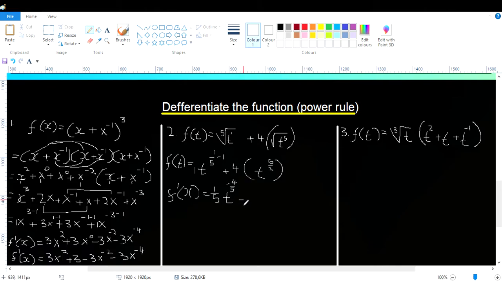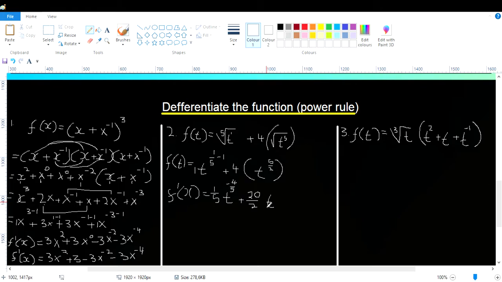Then plus here. Here we have coefficient 4. Then we have 5 over 2 as an exponent. So let's multiply here, 4 times this power. So answer is going to be 20 over 2, 4 times 5 is 20 over 2.